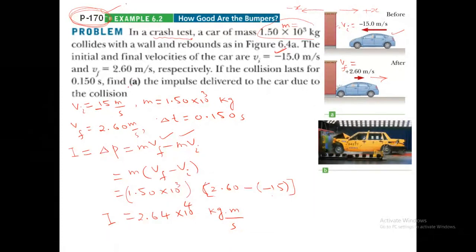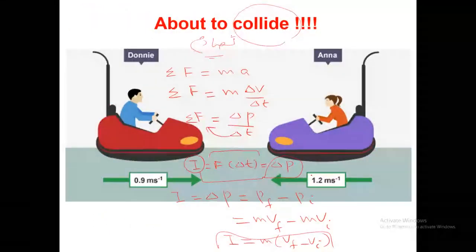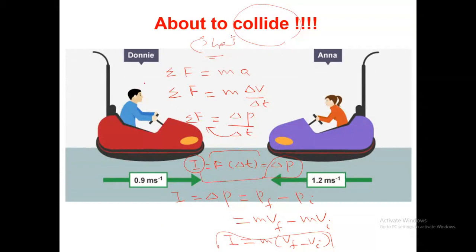The rule, teacher, is F equal to mass delta v over delta t. We didn't put delta t here, teacher. I am making it here, F multiplied by t. I told you two times, I proved it again a second time for you. What is a? Change in velocity over delta t, right?